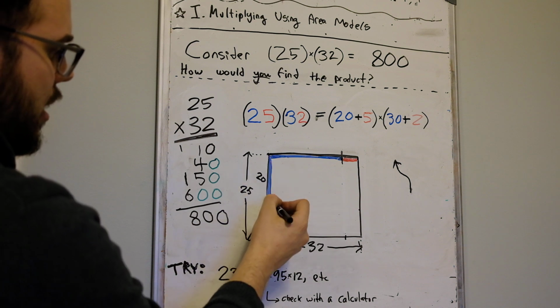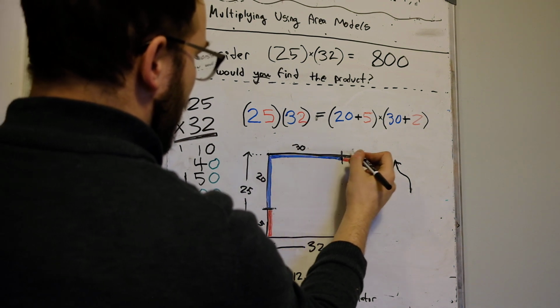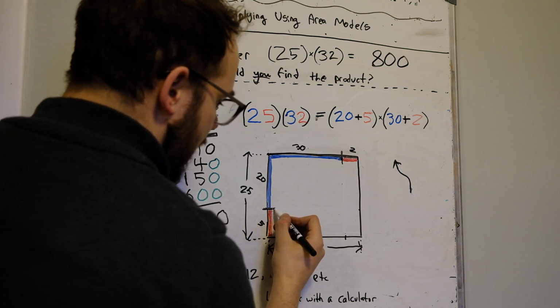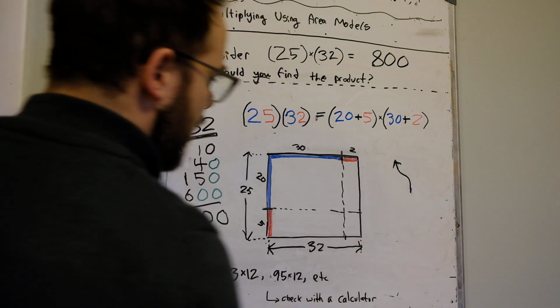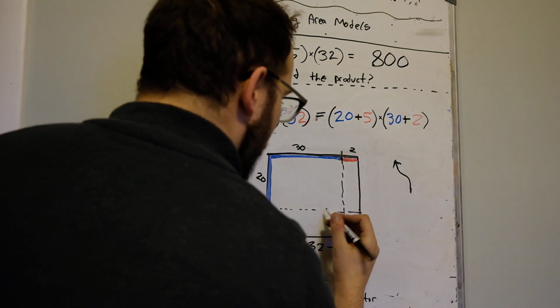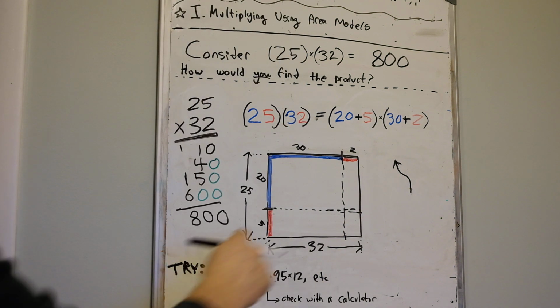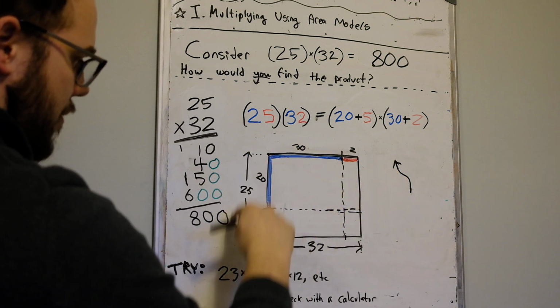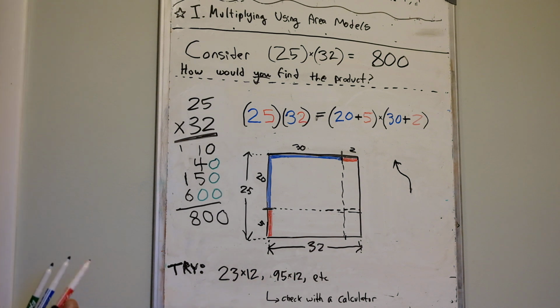So now this is 25, and this is 32. And if we extend those divisions along, we end up chopping this thing into 4 different rectangles. If we're trying to find the total product, the total area of this, 25 times 32, we can break it into 4 smaller problems.